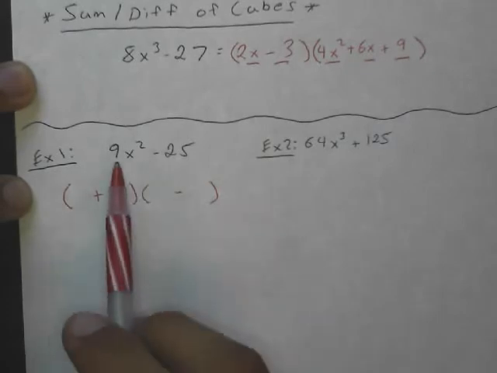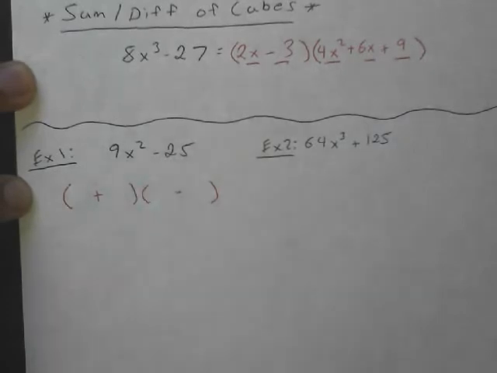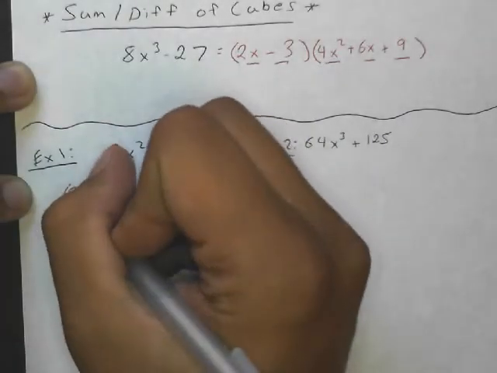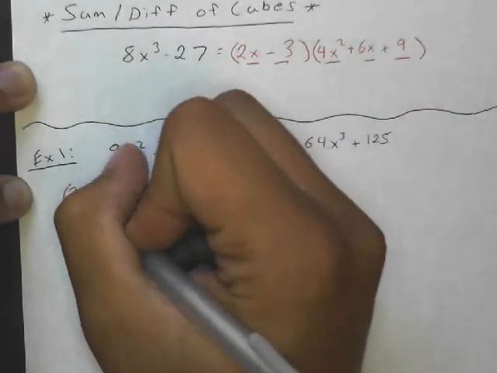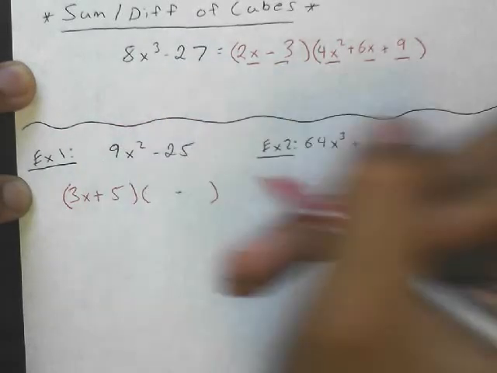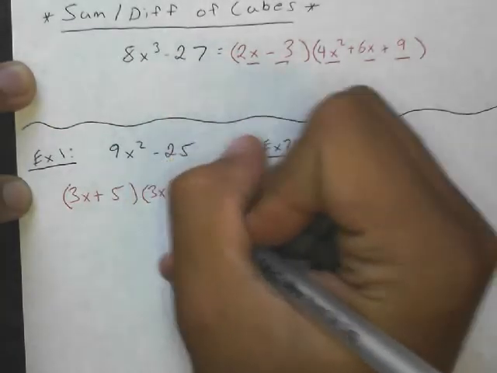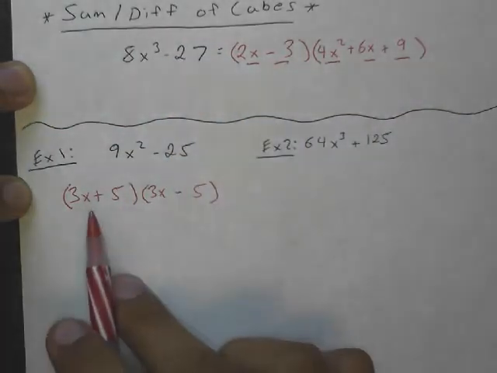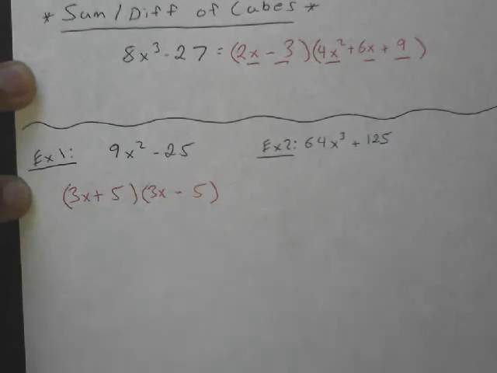What are those terms going to be? The square root of each of those terms. Square root of 9 is 3, square root of x squared, x. Square root of 25 is 5, and those terms are going to go in both. 3x plus 5, 3x minus 5. Very important that you have opposite signs, but they stay the same.